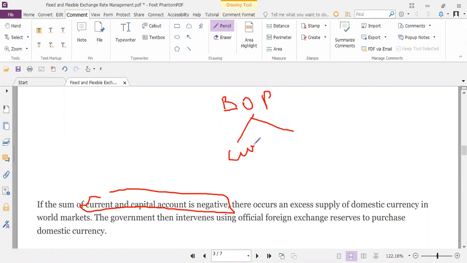So now here I want to ask one question. What is the difference between balance of trade and balance of payment? We have already learned about this. Turn your pages and tell me the answer for this.